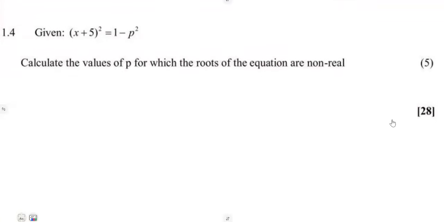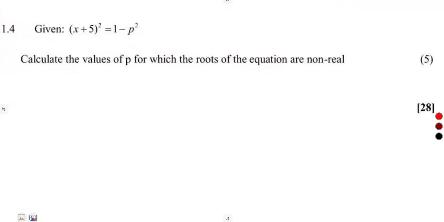Another part, working with this discriminant concept, the nature of roots. Given that this bracket is equal to this, calculate the values of p for which the roots of the equation are non-real. So if the roots are non-real, what is the concept? We do not have solutions. So delta is less than 0.